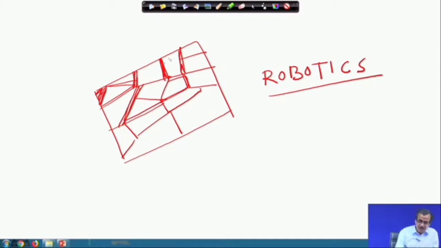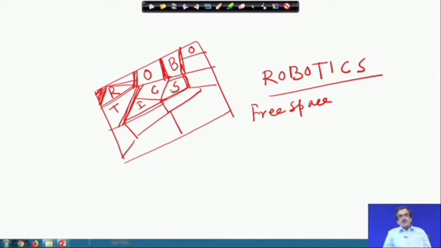So, the first thing it will do is find out the free space, and once it has that free space, it is going to write down robotics. R will be written here: R O B O T I C S. So, the robot is going to write down robotics on the board.